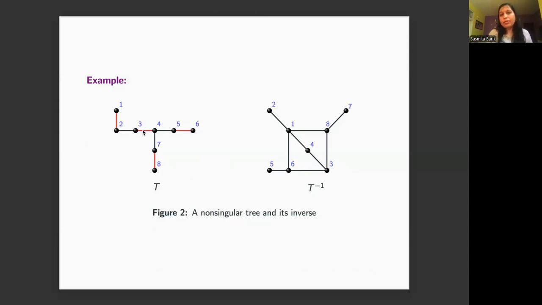Similarly, there is one alternating path from 1 to 4, and because it's a tree, that is the unique path. So B_14 will be plus 1 or minus 1, non-zero, and there will be one edge from 1 to 4 in the inverse. Between 1 and 3, there is no alternating path, so 1 and 3 will not be adjacent in the inverse. Similarly, you can draw the rest. So if you have a unique perfect matching, you can find the inverse graph without computing it.